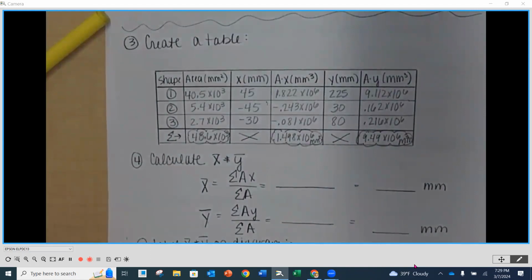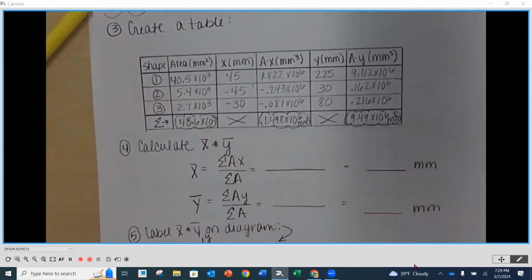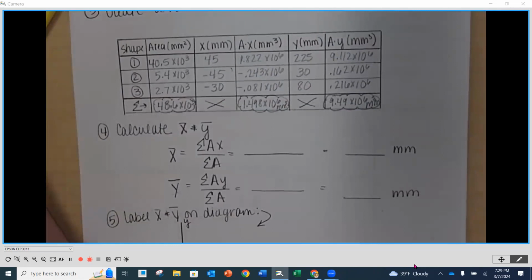And then just verify that you get the same numbers. And then once you have those filled in and you have your totals at the bottom, you can go ahead and solve for the X bar and the Y bar.